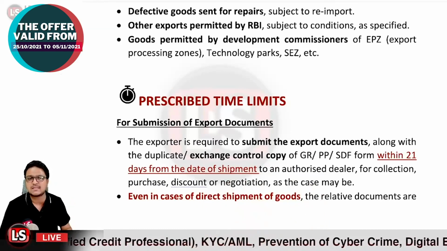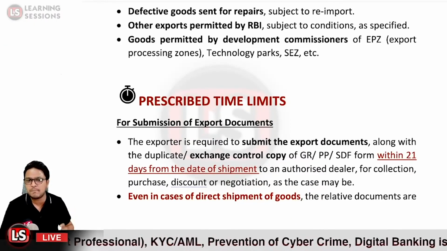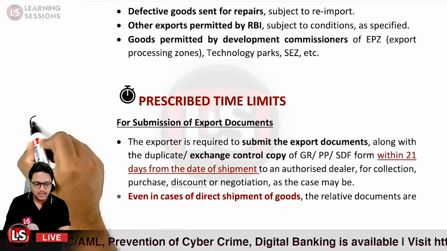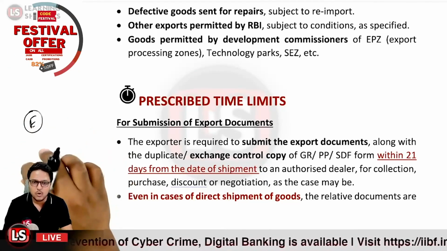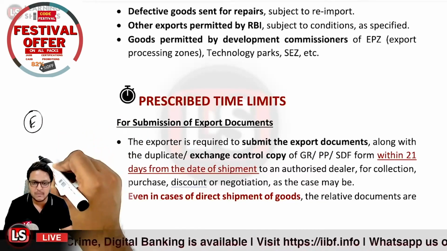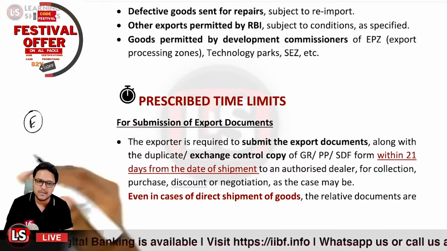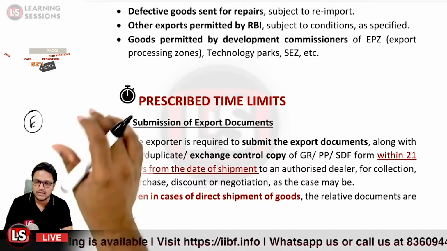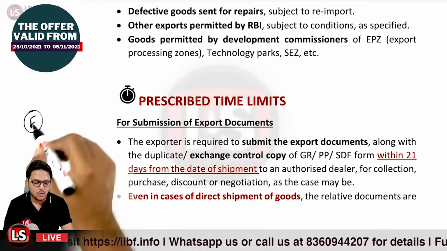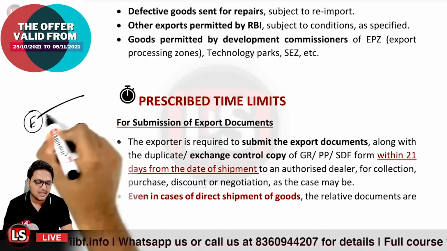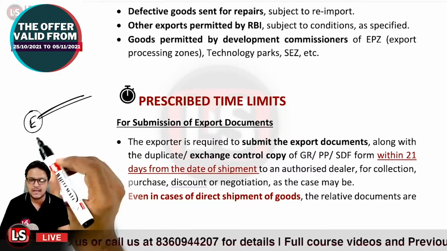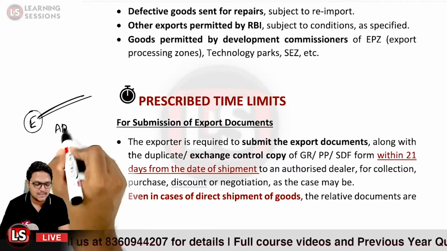And even in case there is direct shipment of goods, what do you mean? It means that there is an exporter and there are no bills involved. The exporter has not visited the bank so as to negotiate or discount the bill. In that case also, if he has made the export on his own, he needs to submit these declaration forms with the authorized dealer.